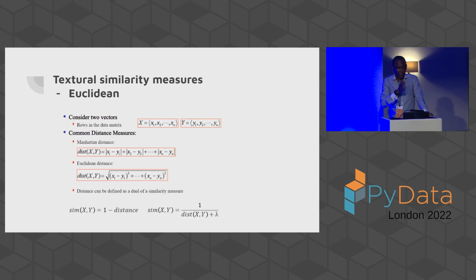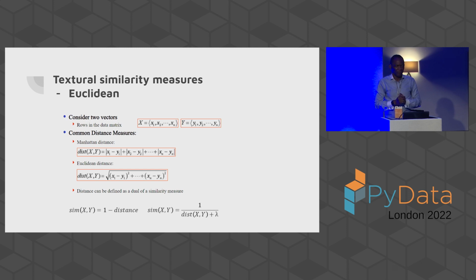The next one is Euclidean, which is very popular in machine learning. We use this a lot to measure all kinds of use cases where there's distance. Again, one could use this metric. In this case, you would have the two sentences, and you basically do a norm of the two, and that will give you a number.